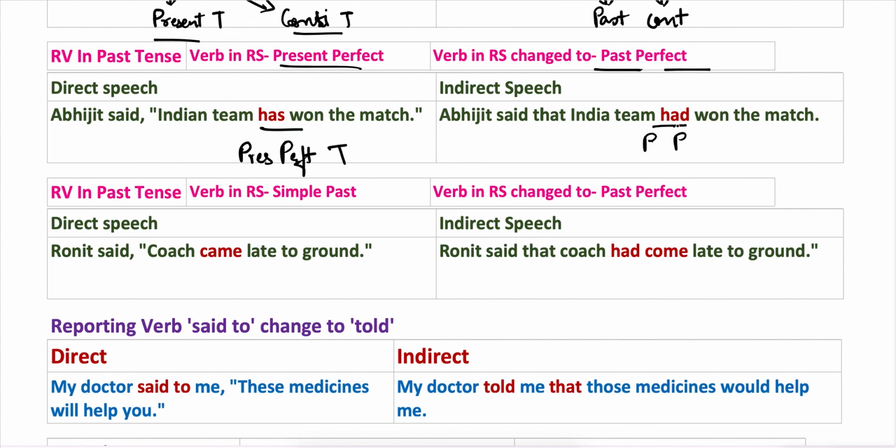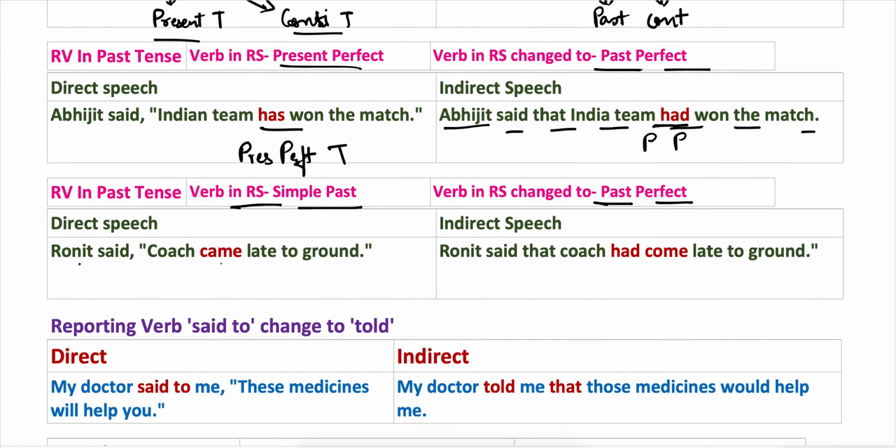Had. Has is changed to had. Abhijit said that Indian team had won the match. Fourth condition, when the verb in the reported speech is in simple past. So the present is converting into past, but this is now already in simple past. So the simple past will change to past perfect.